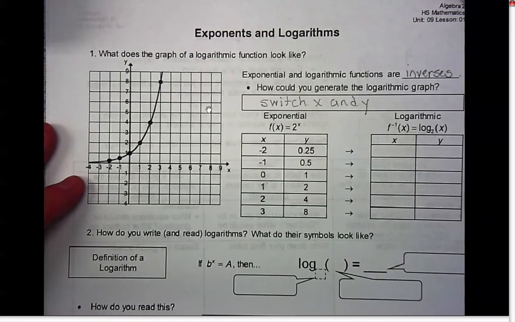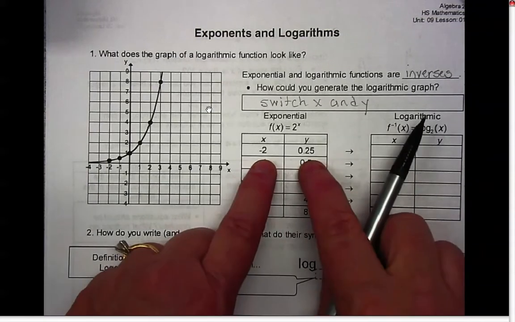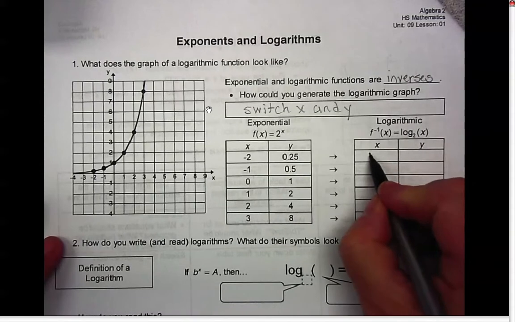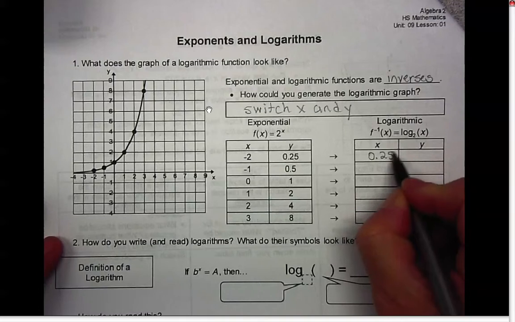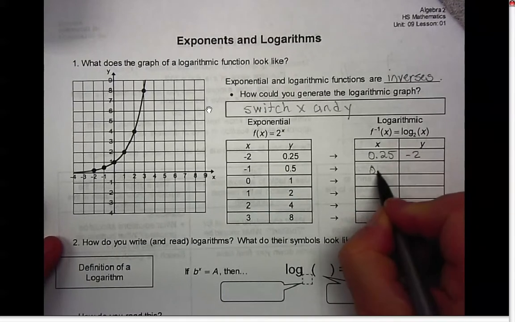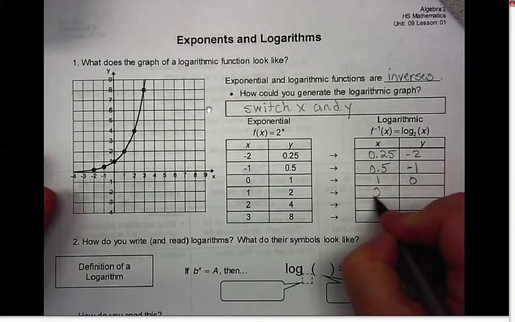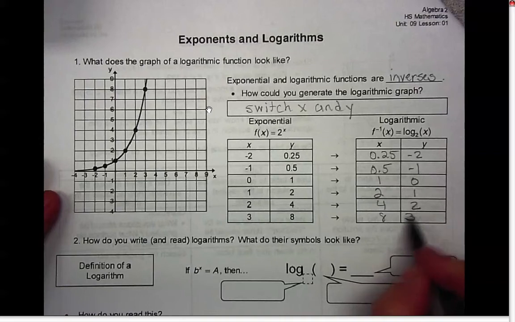So if a logarithm is an inverse of an exponential, we ought to be able to switch the x and y and get the graph of the log. So over here, instead of negative 2, 0.25, we'll have 0.25, negative 2; 0.5, negative 1; 1, 0; 2, 1; 4, 2; and 8, 3.